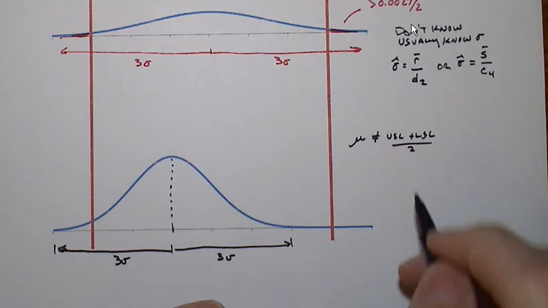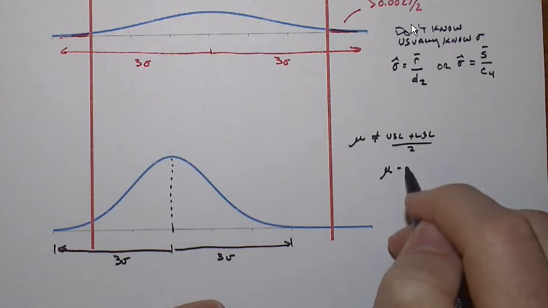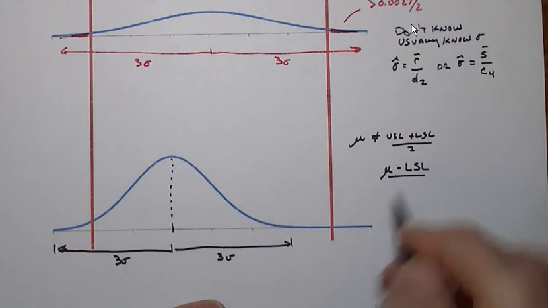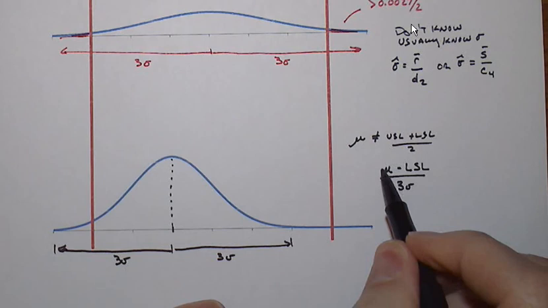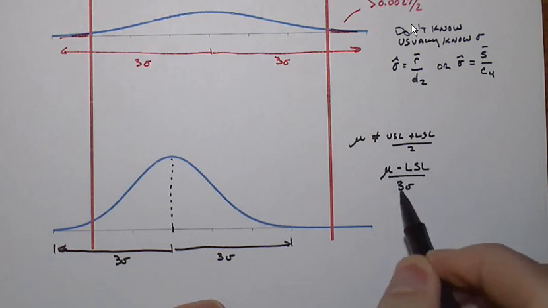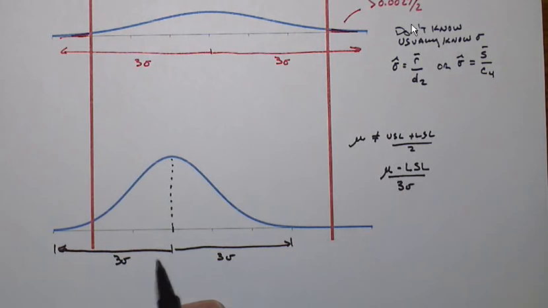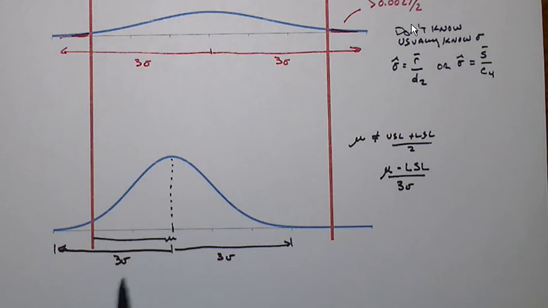If it's closer to the lower limit, that would be mu minus our lower specification, and now we're going to divide by 3 sigma. So before this was USL minus LSL all divided by 6 sigma. Here now we're just going to shift over our numerator by this distance here, and then we're going to be comparing that distance to this one.